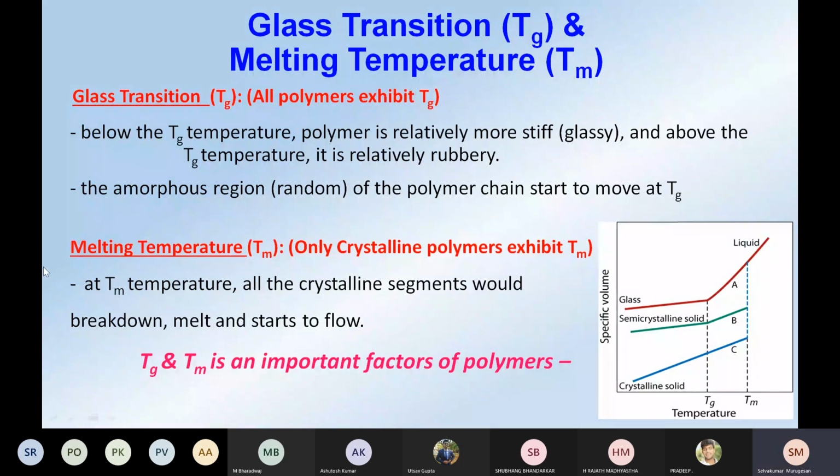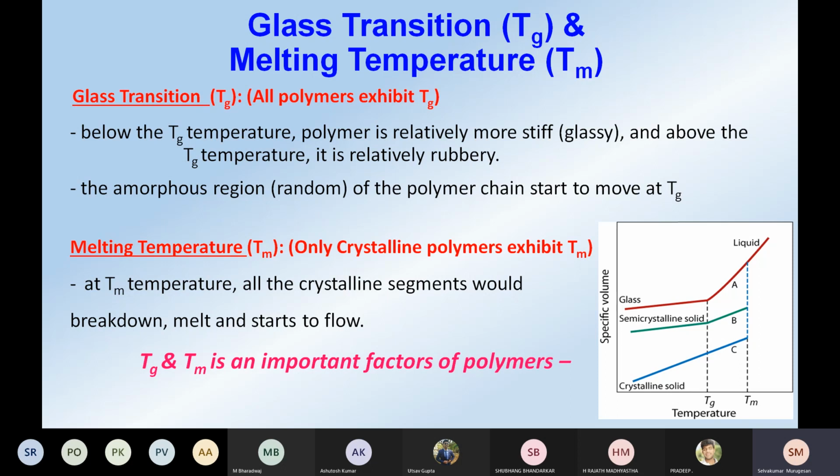So what is Tg exactly? At the Tg temperature, below that the polymer will behave in a glassy or brittle manner. And beyond that temperature, the polymer will behave in a ductile or rubbery manner.